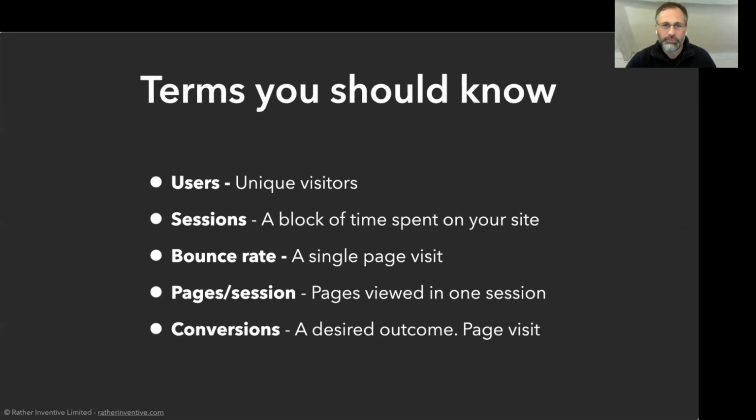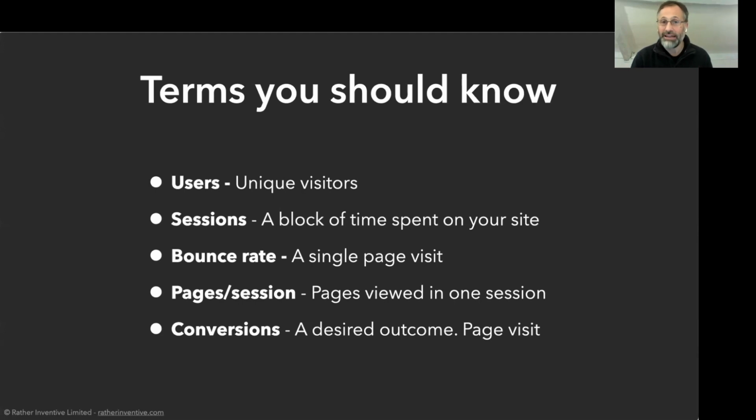Okay, just a few terms you should know. First of all, users. These are unique visitors to your website. People use different terms, and I think Google has moved to this term over time, but certainly in GA4, they are called users. And a user is where, depending on your time range, it's looking at one unique person that has visited that website.